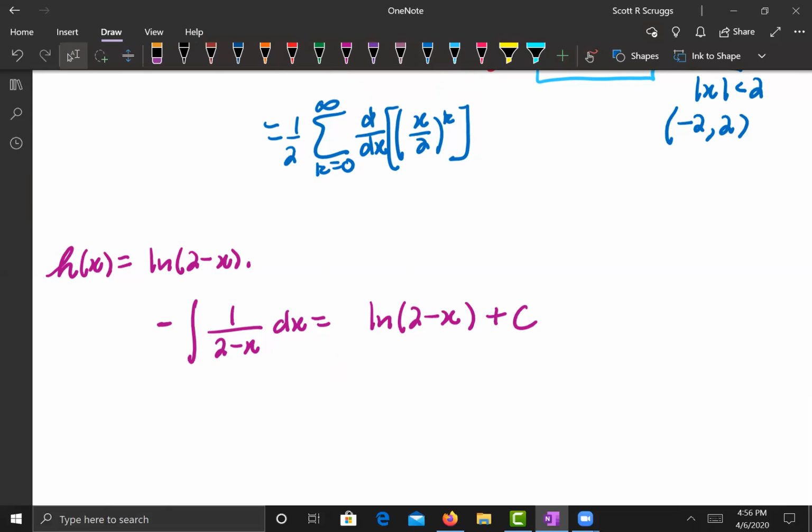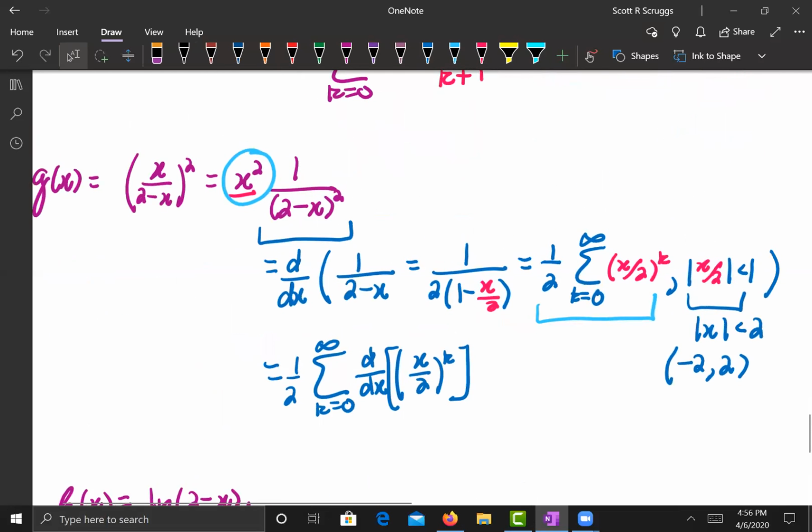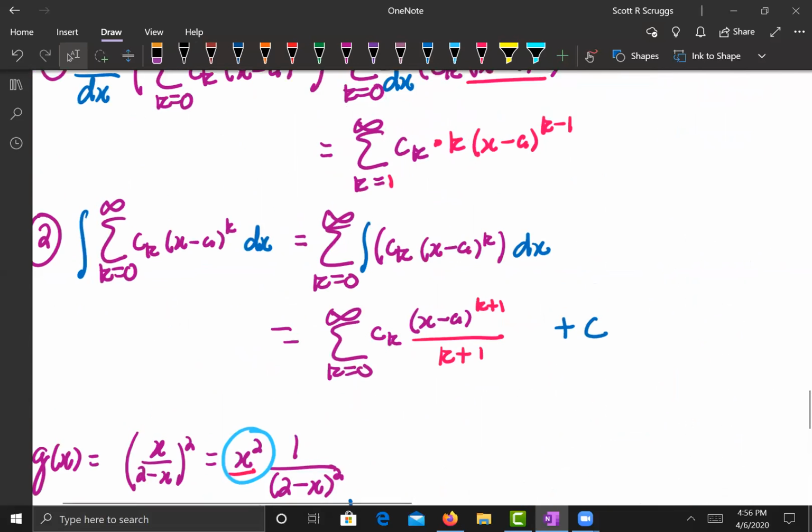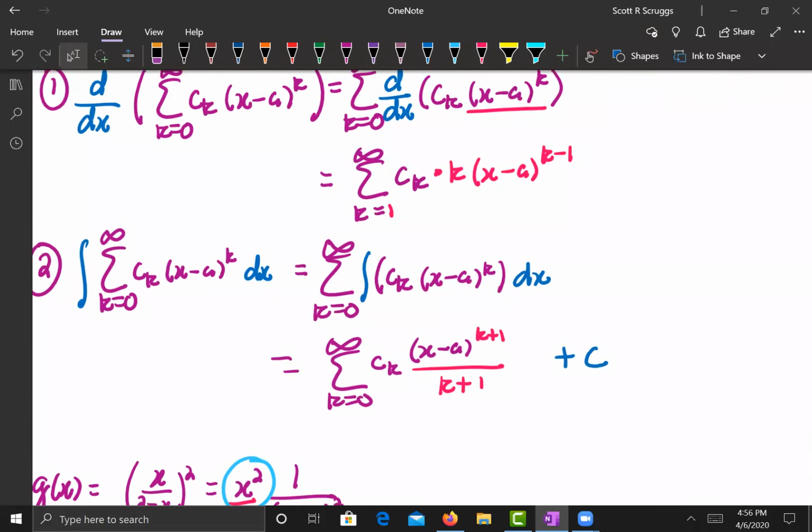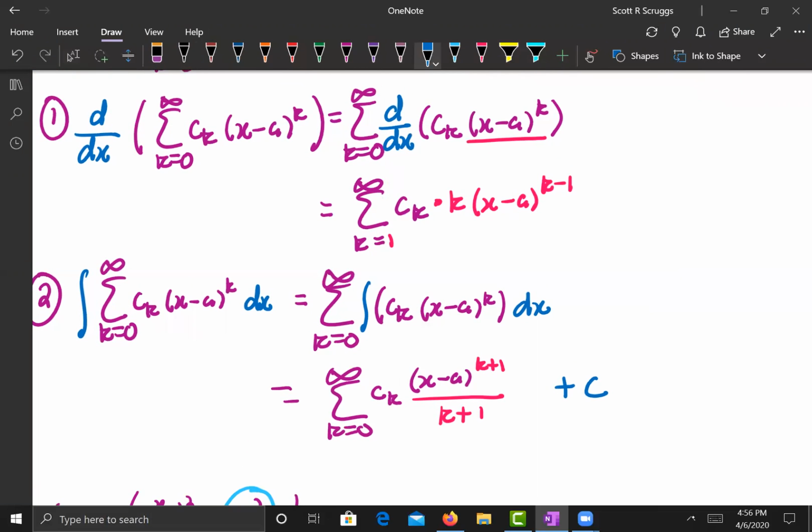How do you find my brand new center? So another thing, Luke, your center is also preserved with taking the derivative and the integral, because if you look at my two properties, the center is not changing.